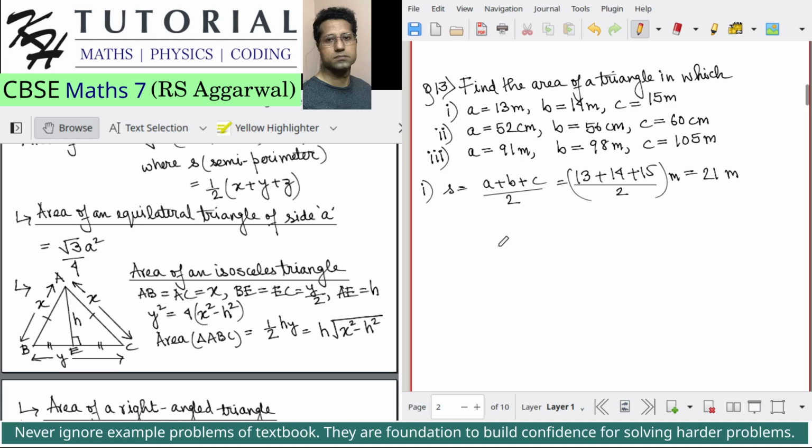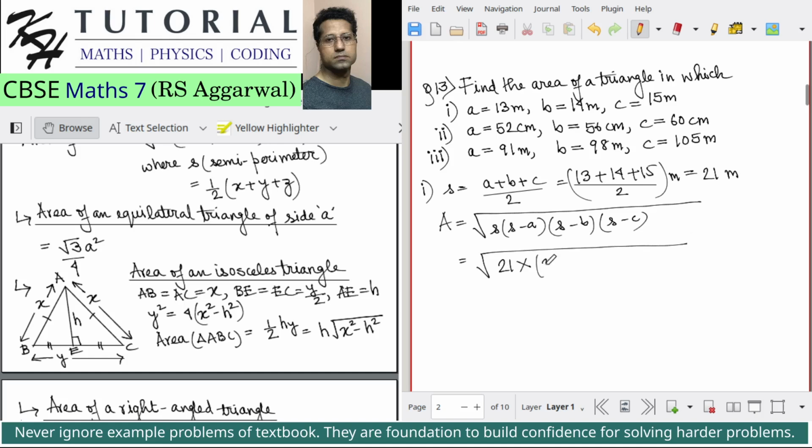Okay. So therefore area will be equal to square root of S multiplied by S minus A multiplied by S minus B multiplied by S minus C. This is equal to, what is S? S is 21, and what is S minus A? S minus A is 21 minus 13, 21 minus 14, and 21 minus 15.